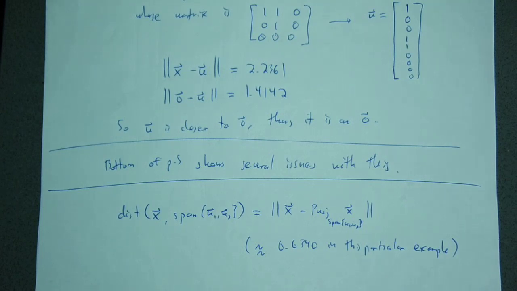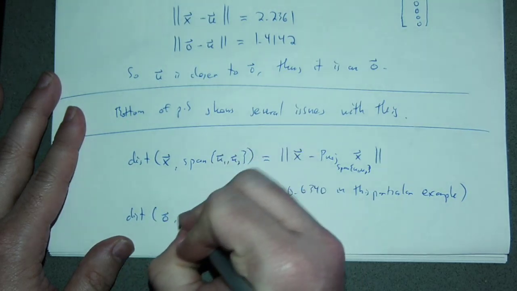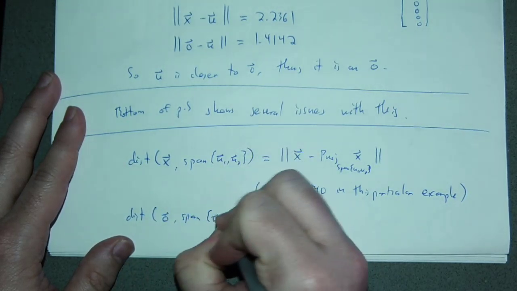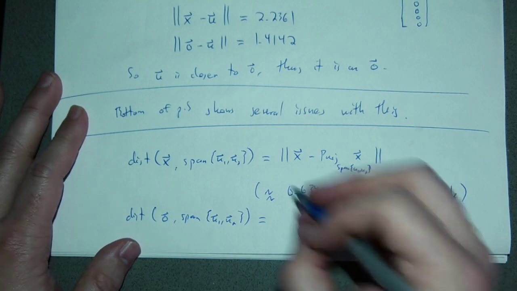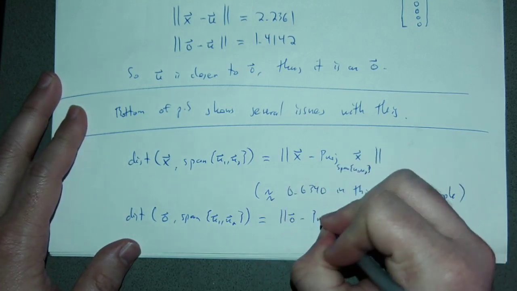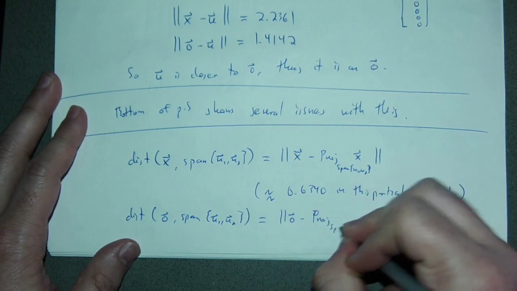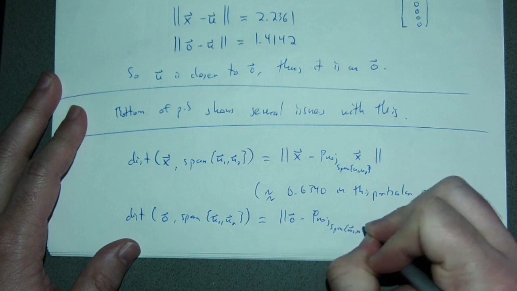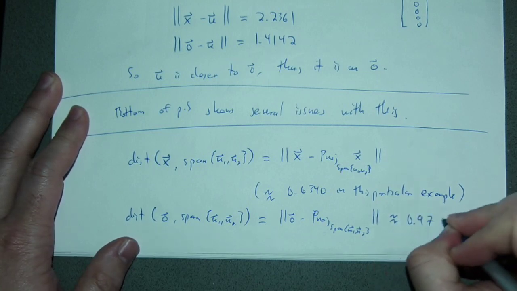Okay. So on the other hand, if we take our actual proper original O, we find that the distance between O and the span of u1 and u2 turns out, computed in the same way, as the distance between O and its projection onto this span, to be 0.9790.